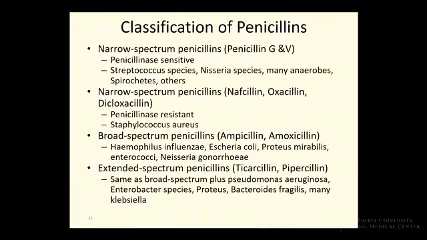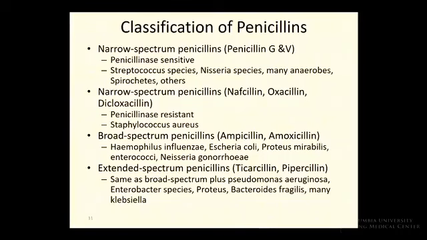So, no. The bacteria makes it. Yeah, the bacteria makes the penicillinase, and then the penicillin doesn't work if it makes that. Okay. And so the conditions that it can treat: streptococci, Neisseria species, many of the anaerobes, and the spirochetes, right? So syphilis and Lyme disease.